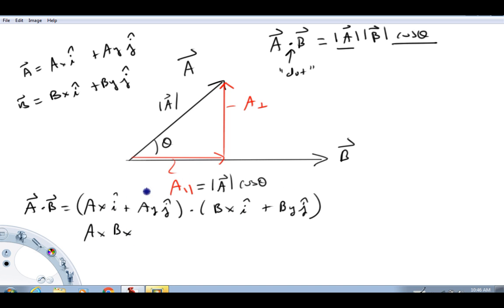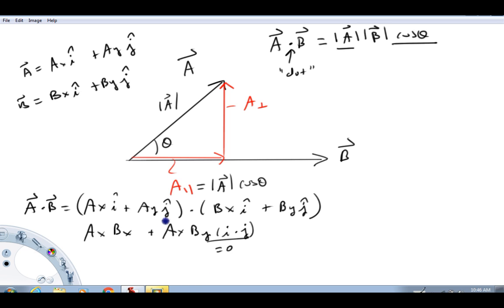The outer product here is going to be AX BY, with i dot j. If you think about dotting this pair, i dot j would be the magnitude of i, which is 1, times the magnitude of j, which is 1, times the cosine of the angle between them. The angle between them is 90 degrees, and the cosine of 90 is 0. So this term right here is 0.